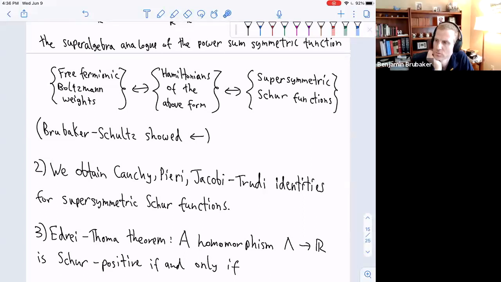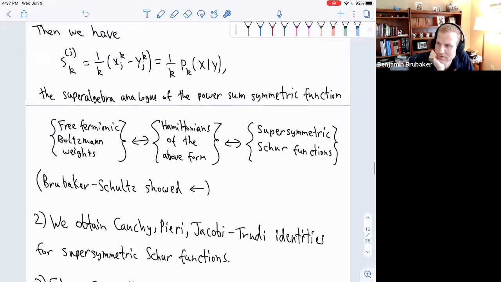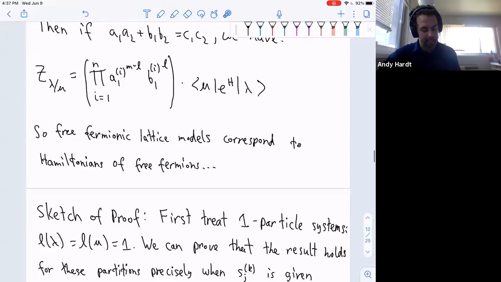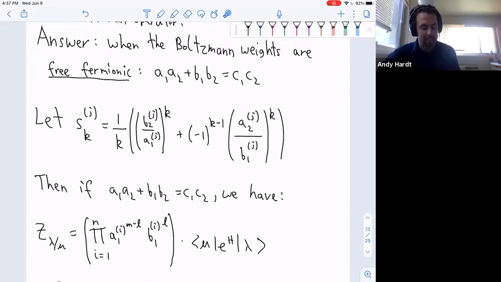And Andy, when you say supersymmetric Schur functions, you mean supersymmetric Schur functions in possibly very ugly variables, right? Because you could set your Boltzmann weights to be anything that were free fermionic, and then you just make the variables equal to those ugly quotients of those Boltzmann weights, right? Yeah. I guess it's ugly if you look at it like this, but it's not that ugly, right?